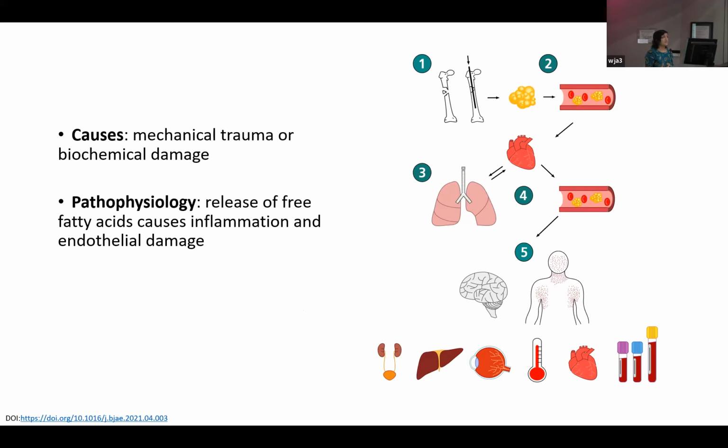For this, the theory is a biochemical damage where, as you can see in this diagram, there's damage to the bone marrow that releases free fatty acids into the circulation, which can go to the heart, the lungs, or the blood vessels, ultimately affecting the brain. In this, it's thought that the free fatty acids themselves cause inflammation and endothelial damage, which also explains those punctate microbleeds. It's not thought that fat microemboli themselves are what cause this syndrome.